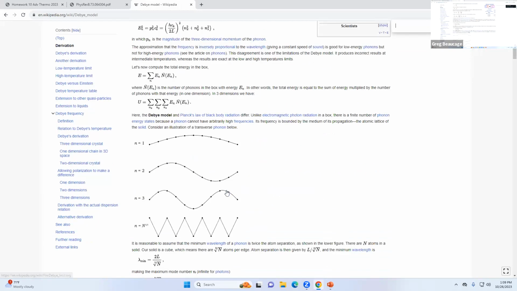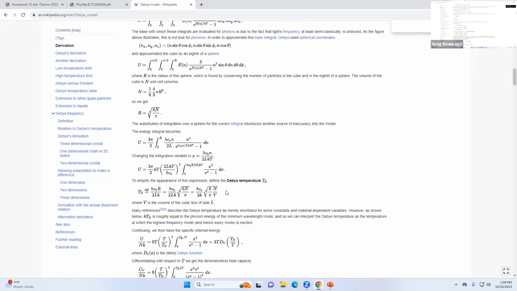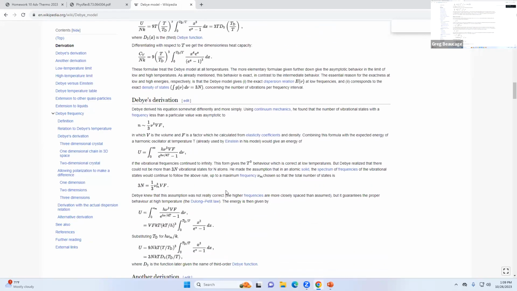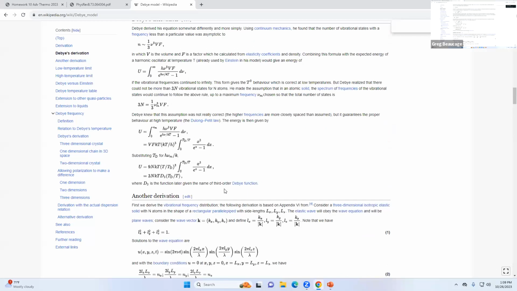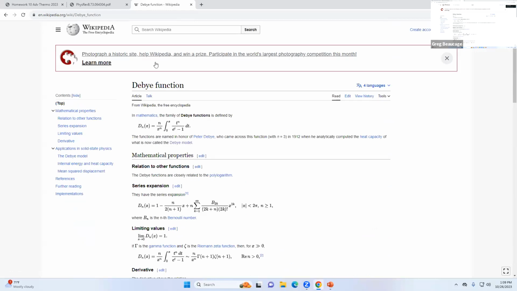Maybe down here somewhere he says D3. So supposedly you can look up D3. Why am I blind? Oh, D3, the Debye function. Oh, I put in Debye integral. So that's the same thing, right?